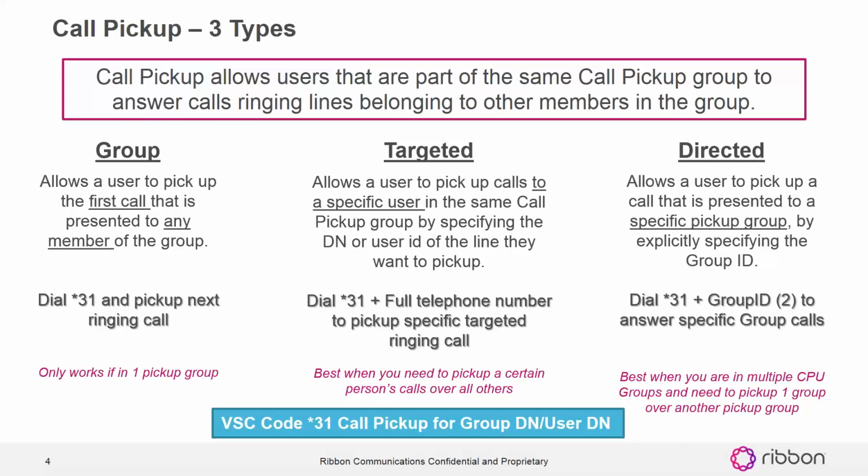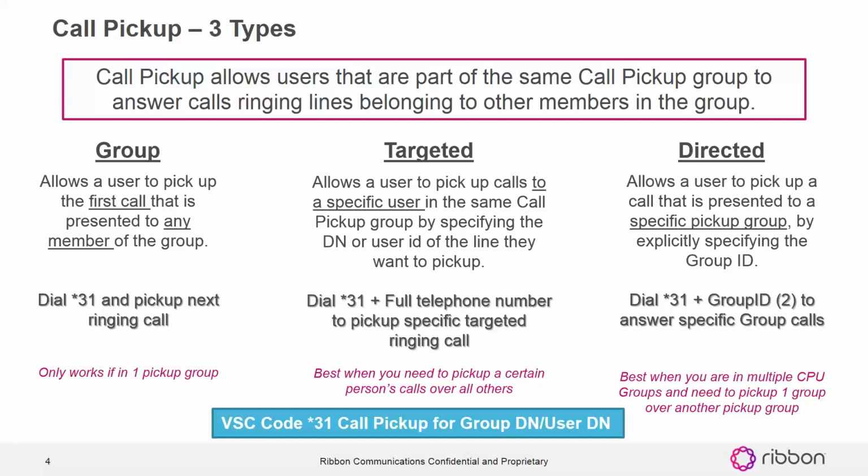Then there's directed pickup. This works really good if you're in more than one pickup group. As you create the pickup group, a number is assigned to it, an alias basically, a 1 or 2 digit, maybe even 3, depending upon how many call answering groups you have, but it's assigned by the system.